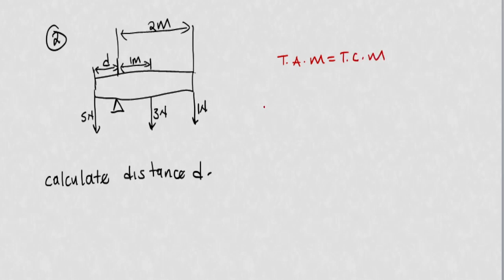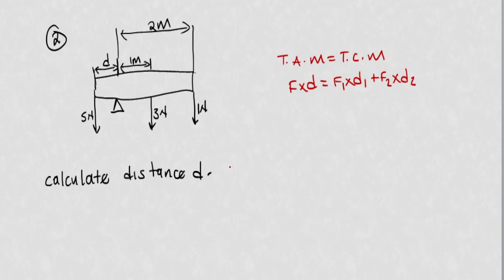So the total anti-clockwise moment is force times distance. On the clockwise side, we have two forces, so I'm going to say force 1 multiplied by distance 1, plus force 2 multiplied by distance 2.